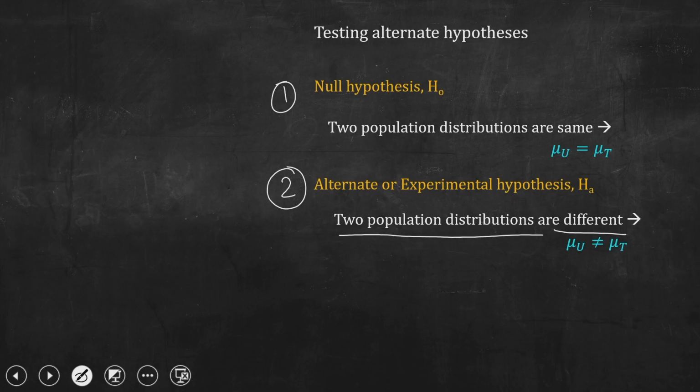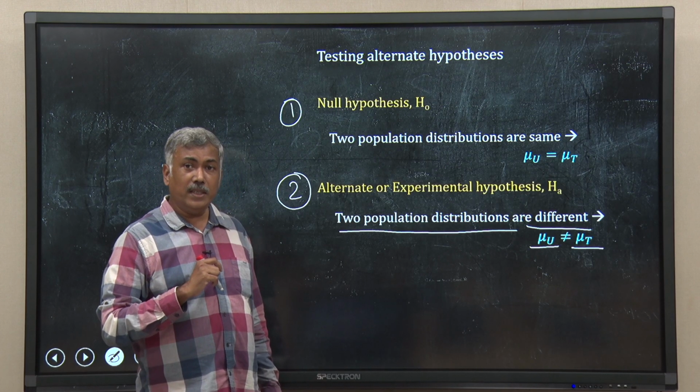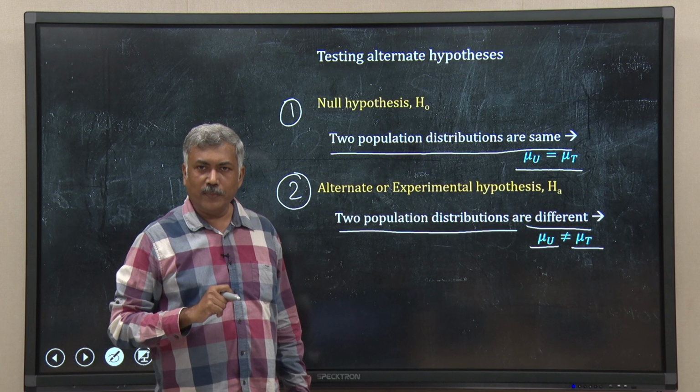That is what we believe, that is what I want to prove, right, possibly. So, in that case, mu_u, the population mean, mu is population mean, right, mu_u is not equal to mu_t. Now, what is the null hypothesis? The null hypothesis is that two population distributions are the same, that means mu_u is equal to mu_t.